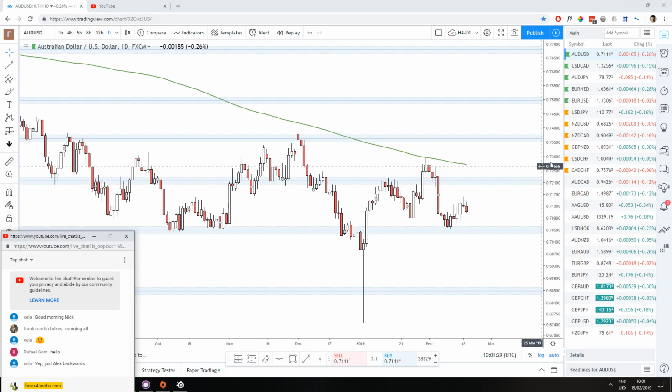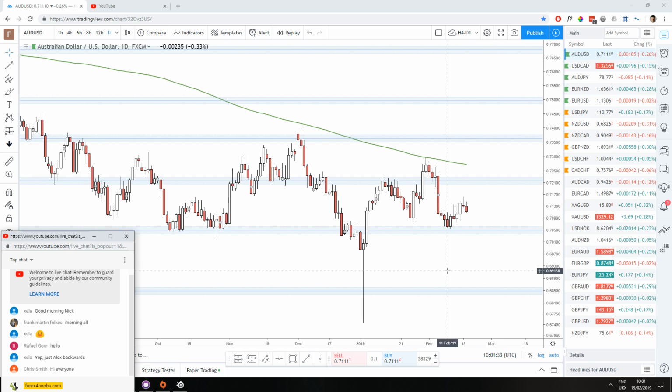Right, so let's get started with the analysis. AUD/USD. For those of you who are long in AUD/USD, you may as well hold on. We're in low volatility conditions in the Forex market right now, so it's not surprising to see that this trade is taking ages to develop.